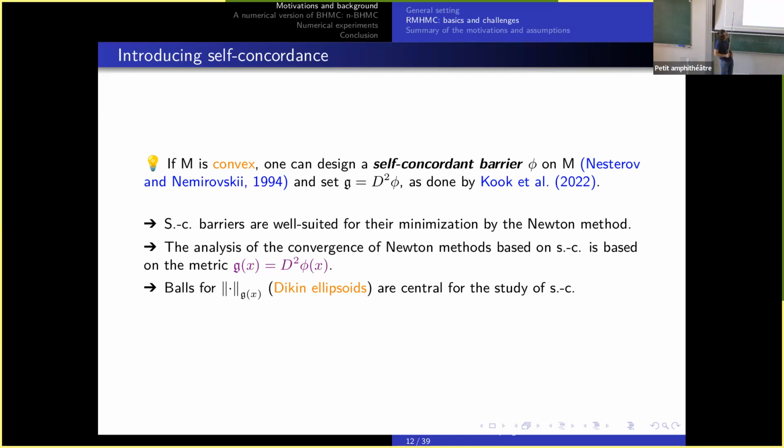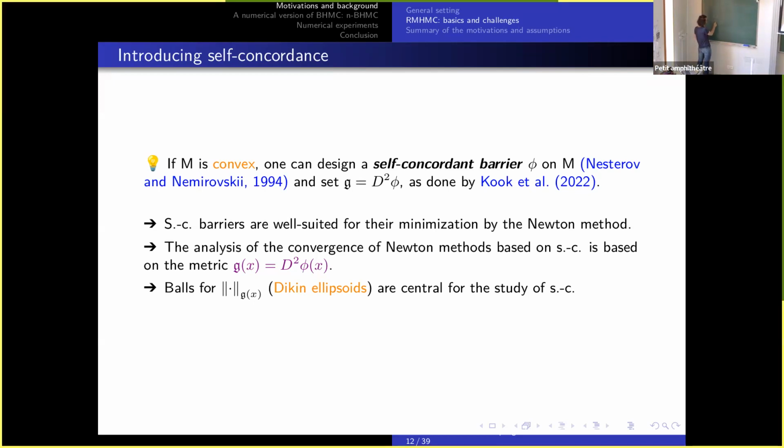Just a bit of a literature review. Here you can define the norm associated with respect to g of x. I define the metric g of x on the tangent space, but you can also define it directly because you have a subset of R^d.